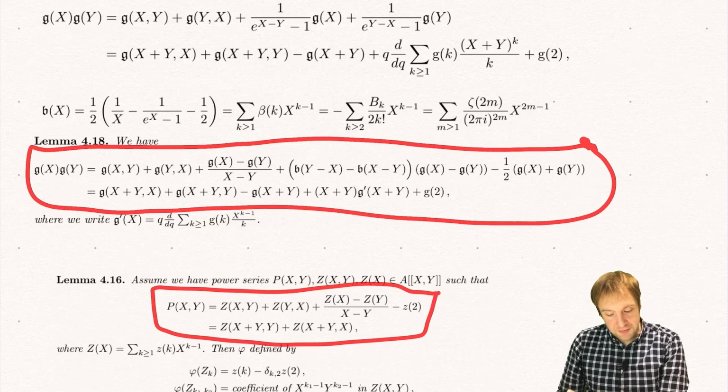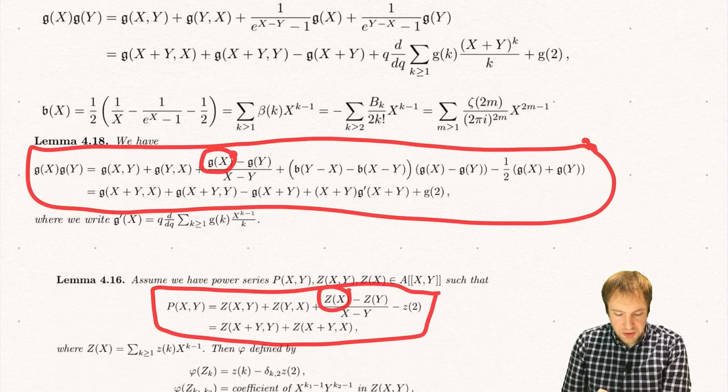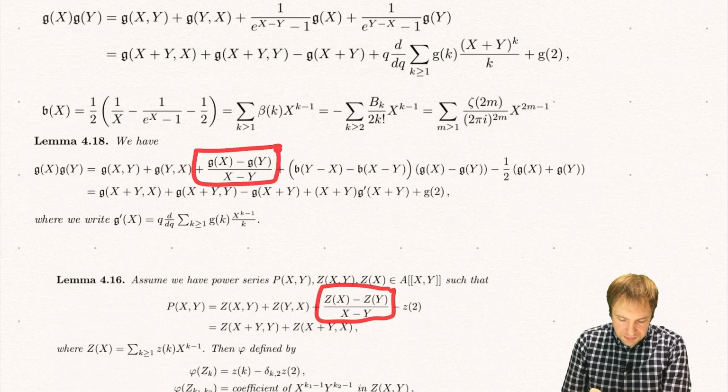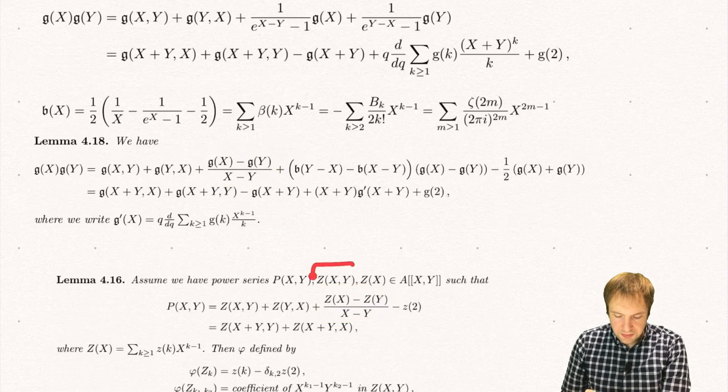And the generating series Z should be given by these small g's. So this part here is already what we have here. And now the goal is to define the correct Z such that we get this equation here.